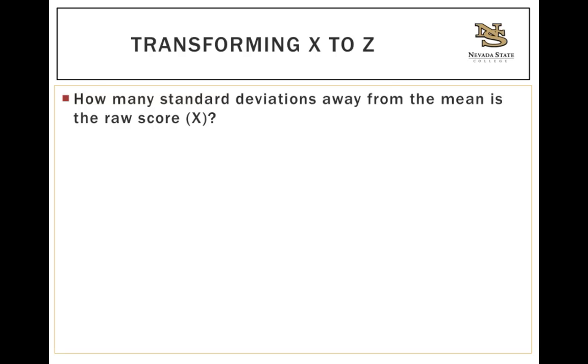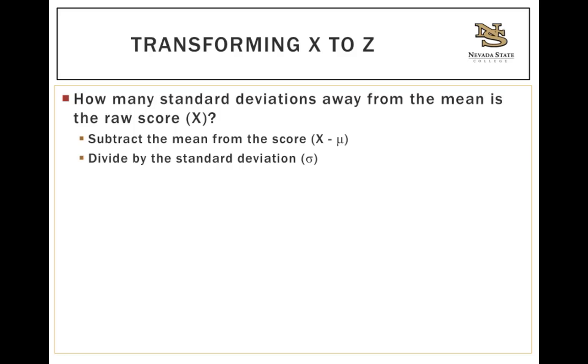So the first thing that you're going to do is simply calculate the distance in whatever units it is that you used in the first place. So you're going to subtract the mean from the score. So here we have the mean, represented as mu, since in this example we'll be dealing with a population, and we're subtracting that from our x score. So we're just going to calculate the actual difference between those two numbers.